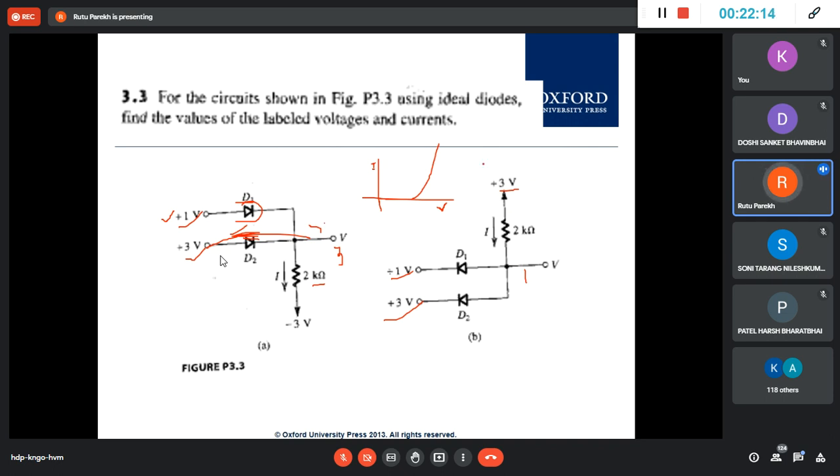So how much will be the current? 2 milliampere. 2 milliampere. 1 milliampere. This minus this.